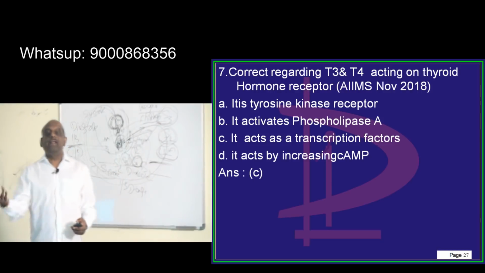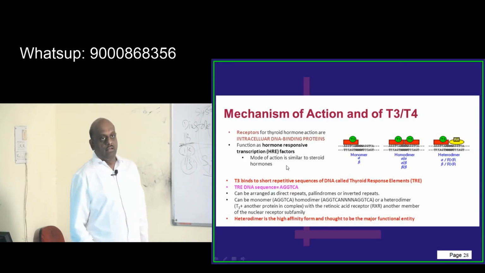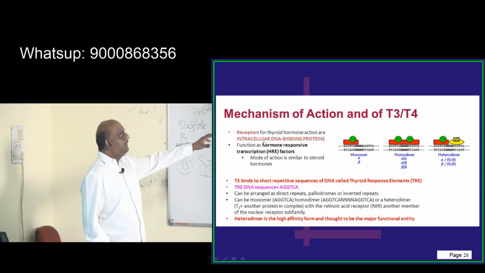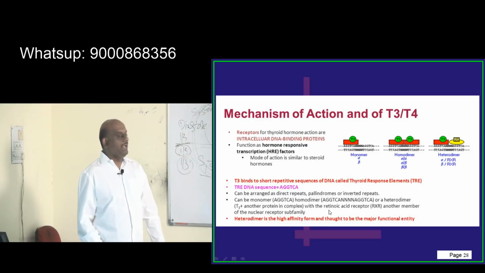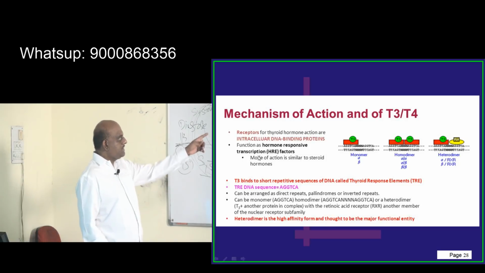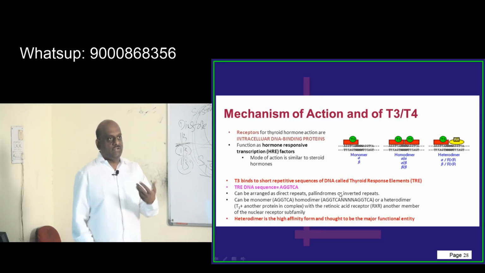It acts on the transcription factors. So typically inside the nucleus you have the DNA, and on the DNA you have the intracellular DNA binding proteins, and the thyroxine acts on these hormone responsive transcription factors just like the steroids also.